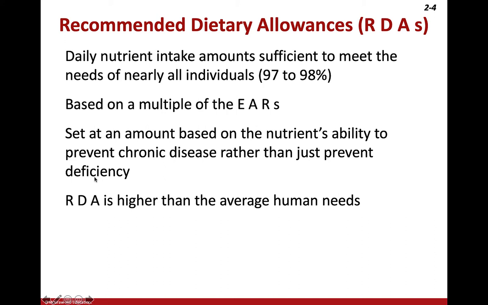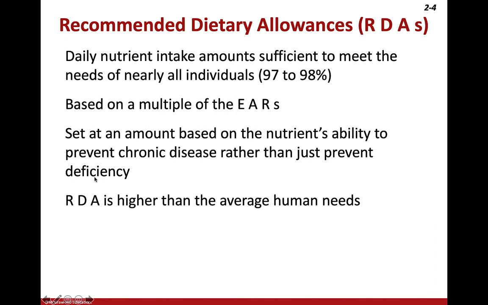So the amount is based on the nutrient's ability to prevent chronic disease, rather than just prevent deficiency. So that's another big distinction. But if I wanted to identify the most important characteristic of RDAs, it is the fact that these are what you want to use when you're working with an individual.